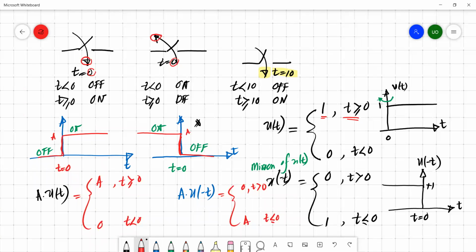You may have some examples or circuits having this unit step function as a source. Rather than having the traditional voltage and current sources, you may have a unit step function to replace this operation or the impact of these sources. Then depending on the behavior of the unit step function, you can decide whether this source is effectively contributing to the circuit or is isolated.